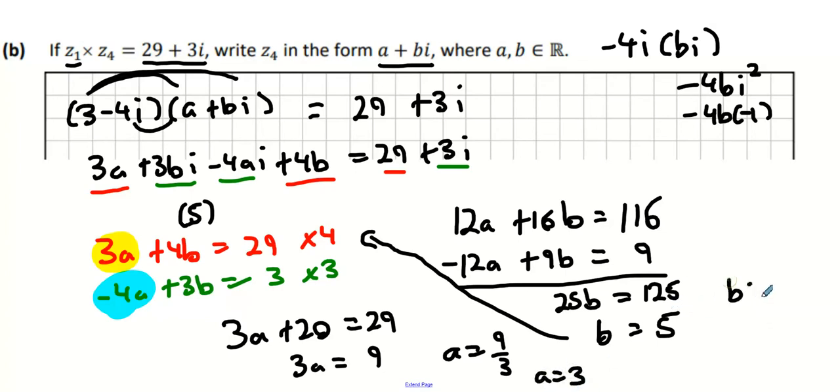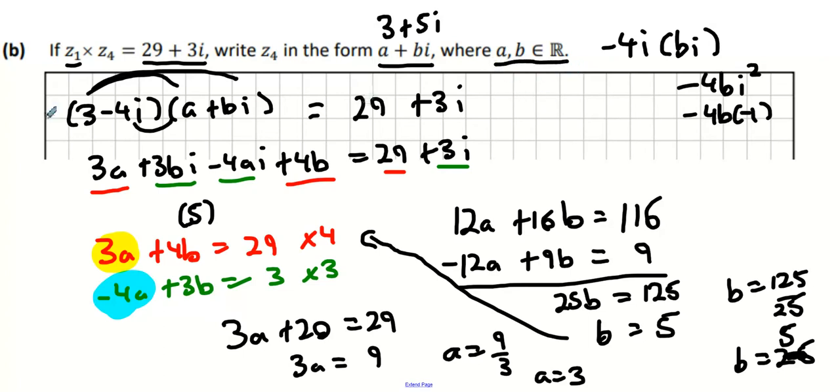Likewise, b is 125 divided by 25, which is 5, alright? So this means my answer is 3 plus 5i. The a value is 3, the b value is 5. A and b are real numbers. Okay, happy days. Now, let's have a look at the next one.